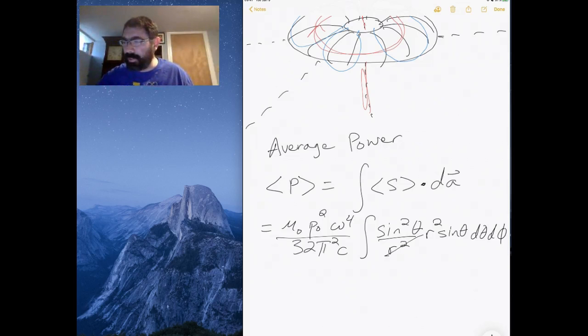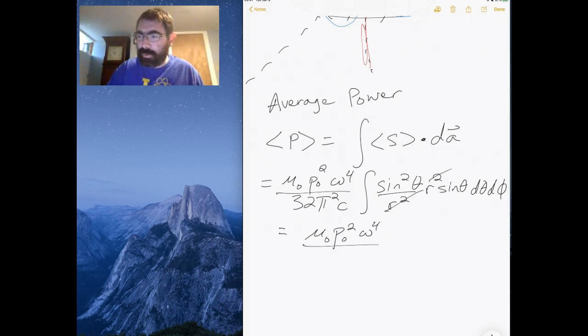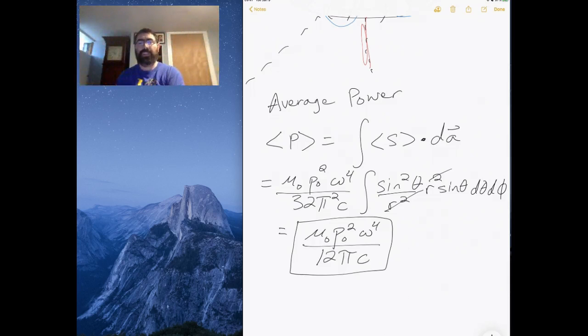So the r squareds cancel, and we get a 2 pi for integrating over phi, and then you have to integrate sine cubed, and what you get in the end is mu 0 p0 squared omega to the 4th over 12 pi c. So this is the average power integrating over the entire area.